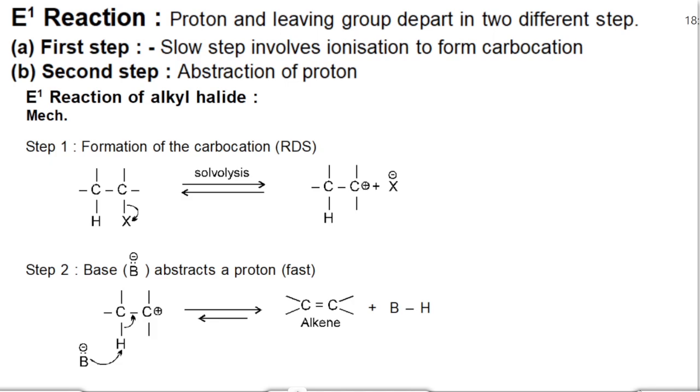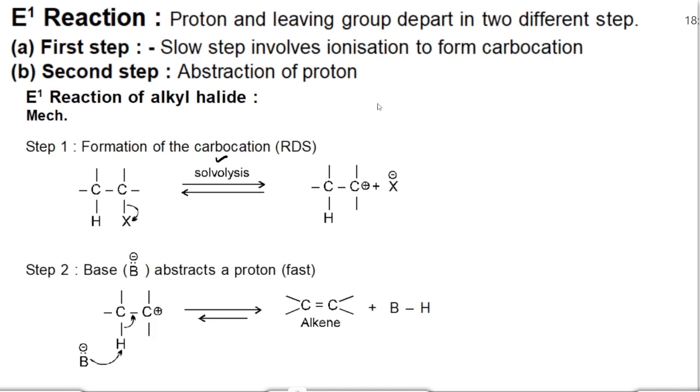E1 reaction. In the E1 reaction, one H plus ion and a leaving group depart in different steps. The first step involves the formation of a carbocation.